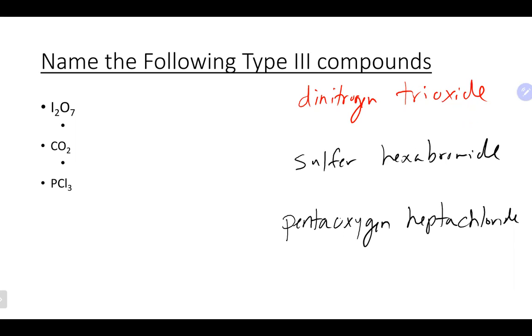So once again, appropriate prefix, whole name of the first element, appropriate prefix, and -ide on the second element.